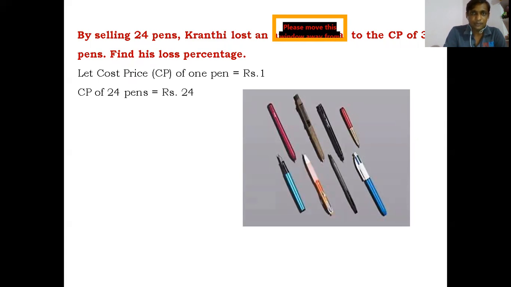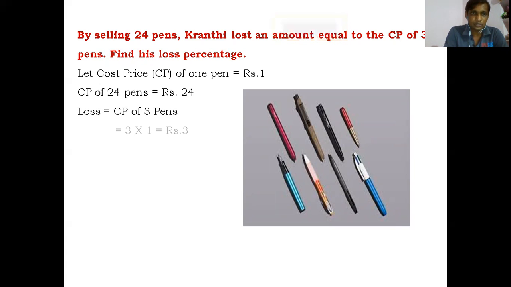Then the selling price of 24 pens: the loss is the cost price of 3 pens. If he is selling 24 pens, he is losing the cost price of 3 pens, that is 3 rupees. That means the loss is 3 rupees. So here I know the loss and the cost price.